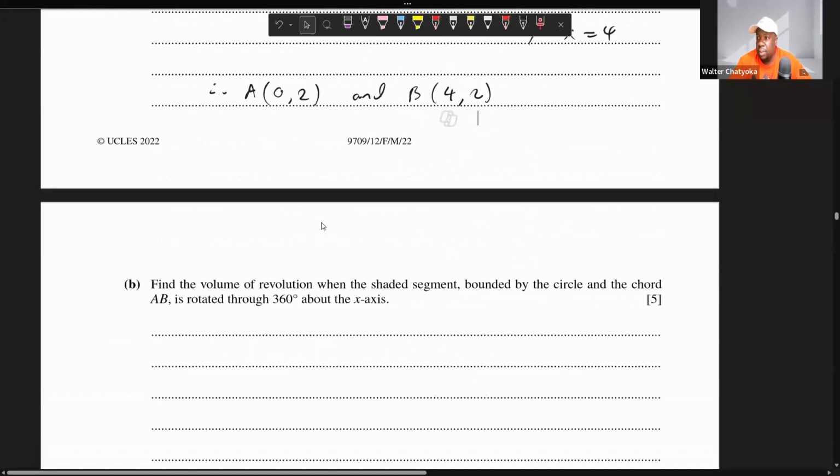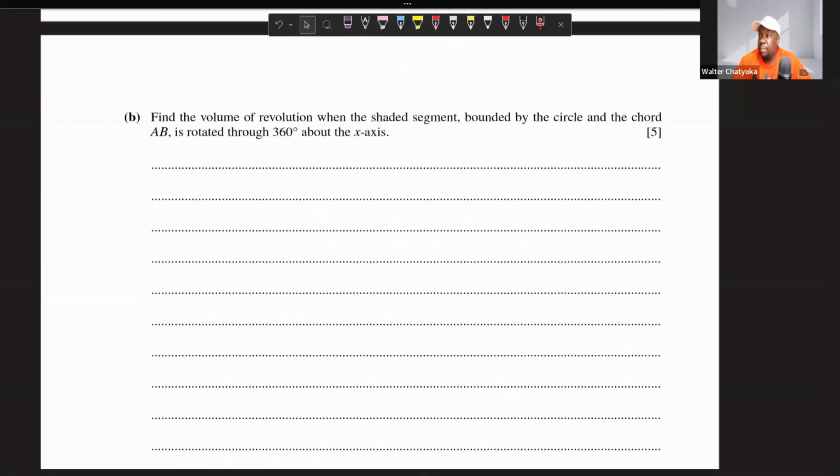Right, let's move on to part B, where they now say we should find the volume of revolution when the shaded segment, bounded by the circle and the chord AB, is rotated through 360 degrees about the x-axis.